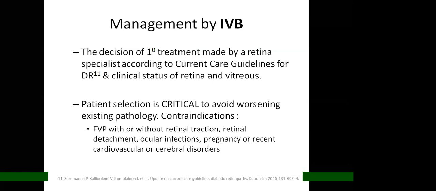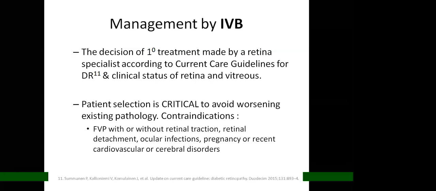So the reason for the primary treatment decision being made by a retina specialist is because patient selection for anti-VEGF is critical, because the possibility of worsening existing pathology is very significant.